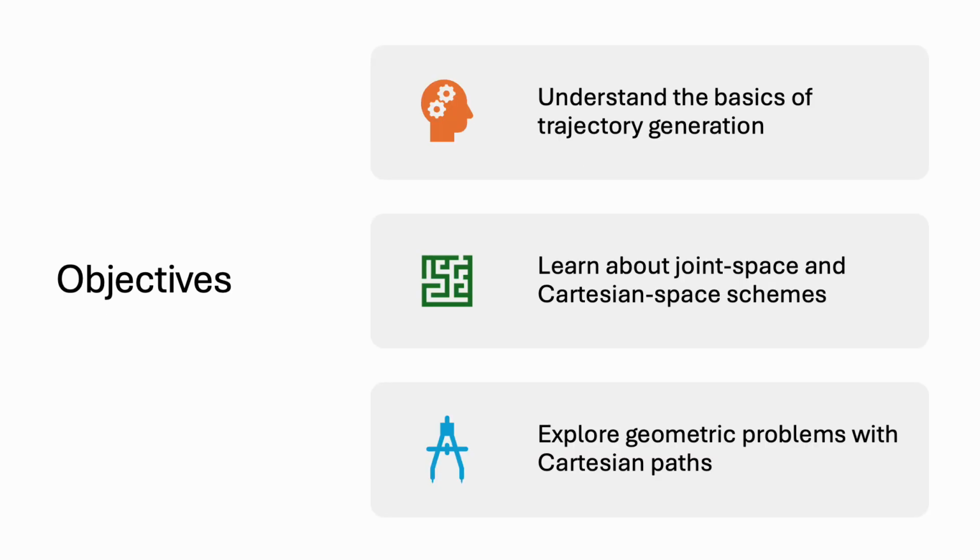The objectives. Let's look into that in a little bit more depth. The primary objective of trajectory generation in robotics is to ensure that a robot can move efficiently and accurately from one point to another, as mentioned earlier.